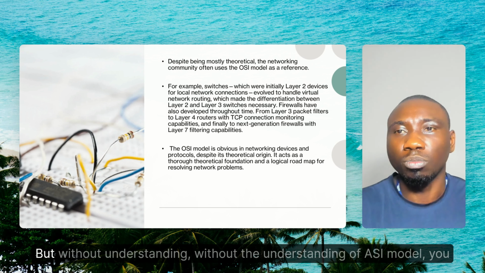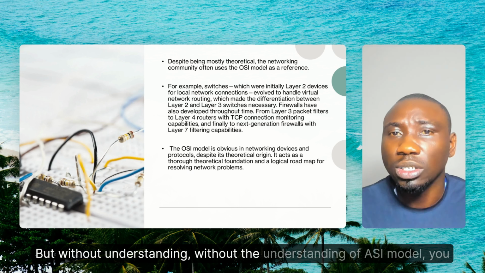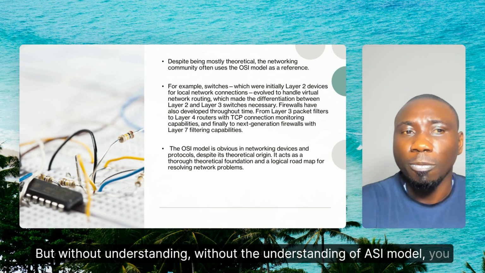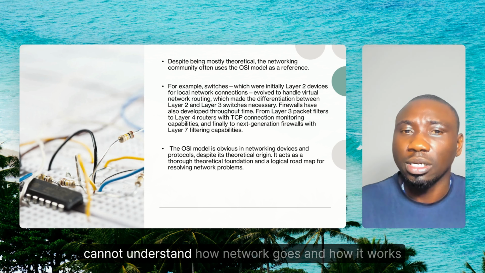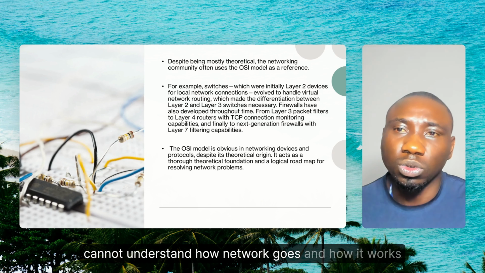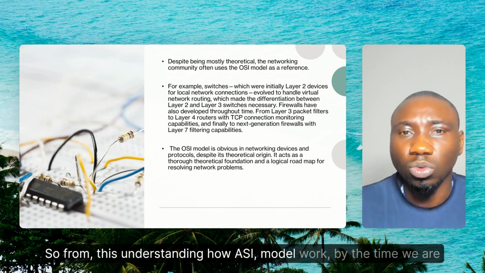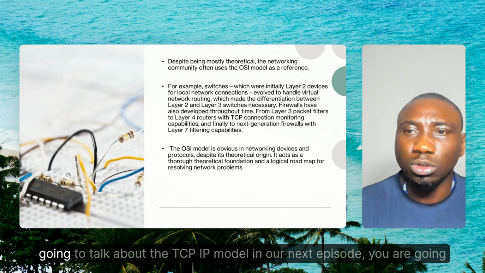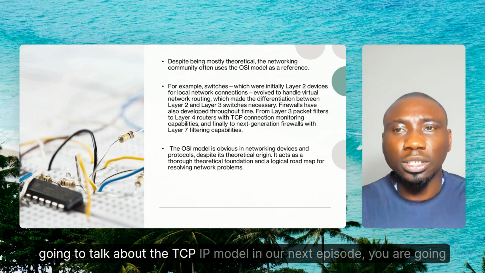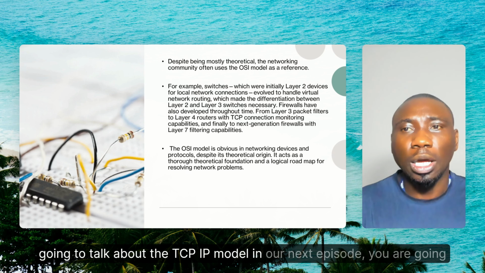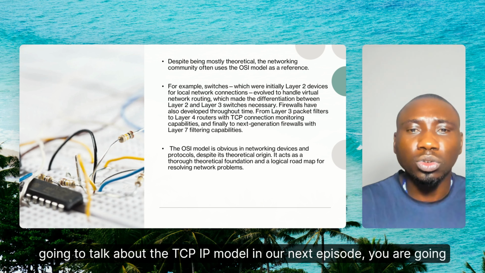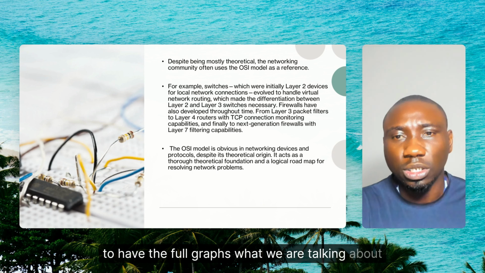But without an understanding of the OSI model, you cannot understand how networks work. So from this understanding of how the OSI model works, by the time we talk about the TCP/IP model in our next episode, you are going to have a full grasp of what we are talking about.